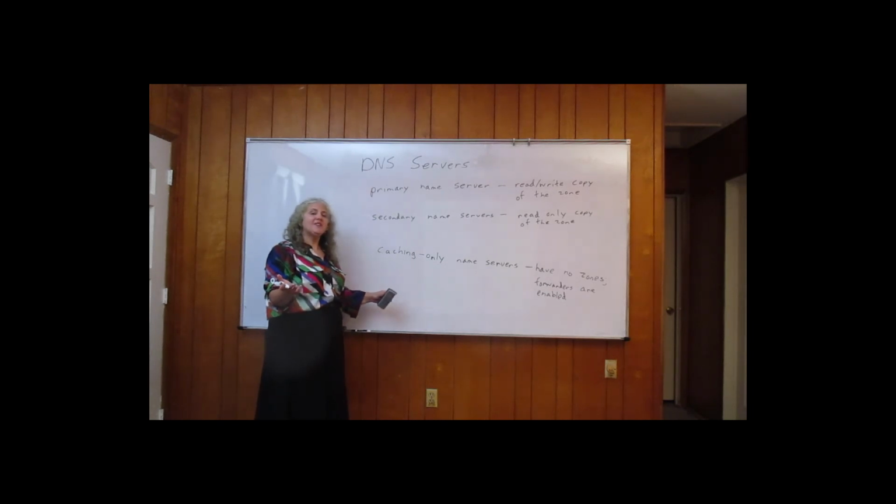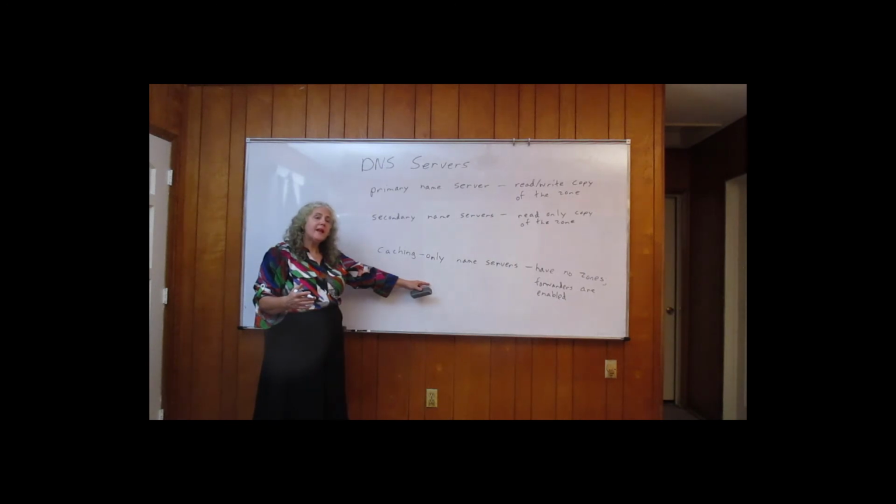They simply cache name to IP address resolutions. Forwarders are enabled so that a root name server can be contacted and the process of walking the tree can occur. And when a resource record is located on an authoritative name server, that information is stored on the caching-only name server.